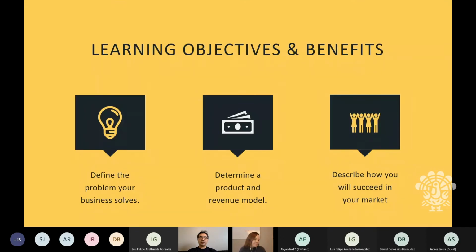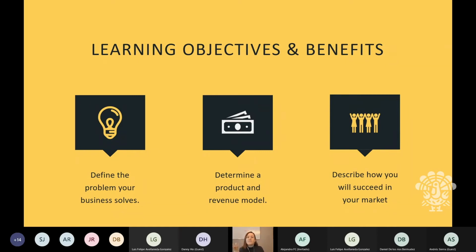The learning objectives for today's presentation are that you are able to define the problem your business solves for Canadian customers and the Canadian industry. Determine a product revenue model that works, meaning how you can set the right pricing.